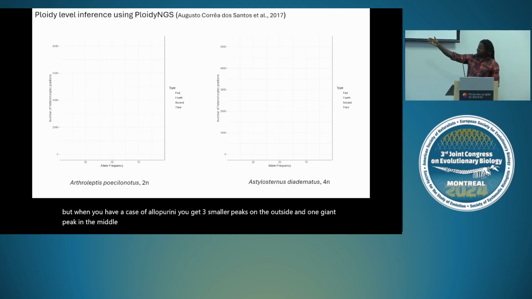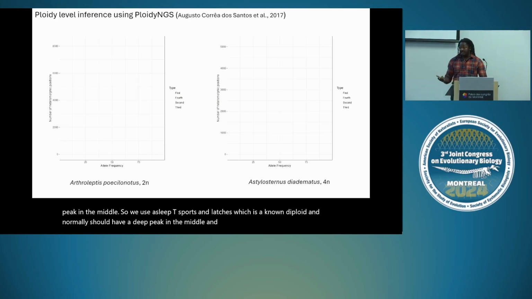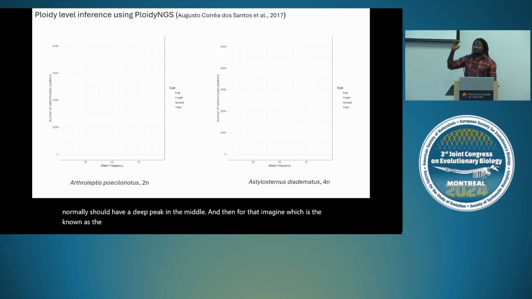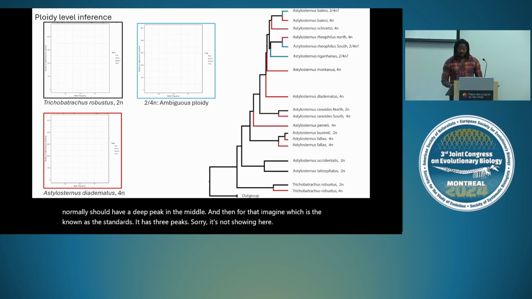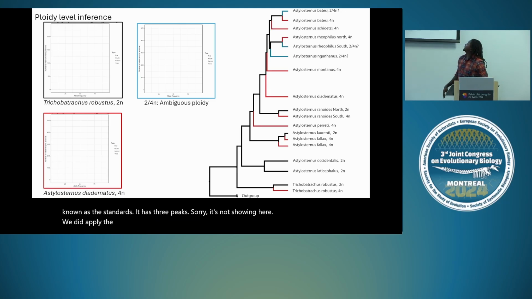So we used Astylosternus perreti, which is a known diploid, and normally should have a deep peak in the middle. And then for Astylosternus diadematus, which is the known tetraploid, it has 3 peaks. Sorry, it's not showing here. We did apply the same program to our entire data set. Thank God at least the tips are working on this one.